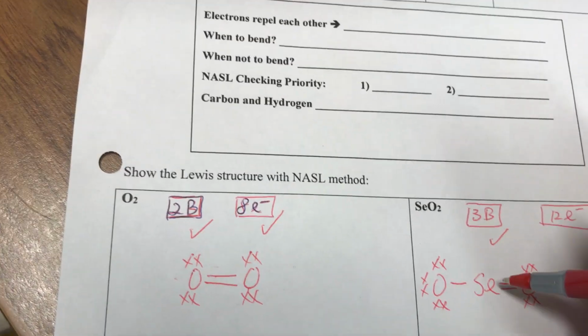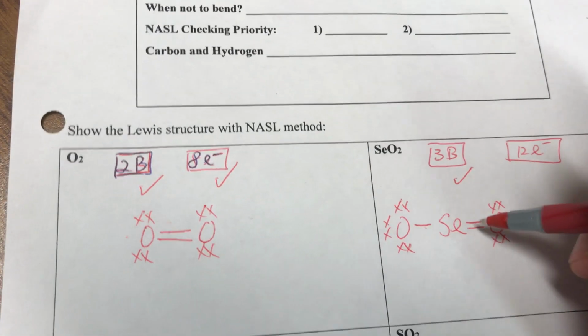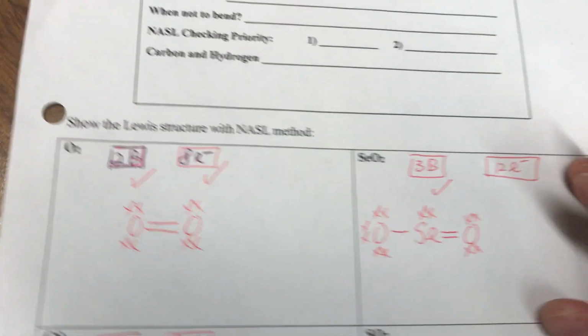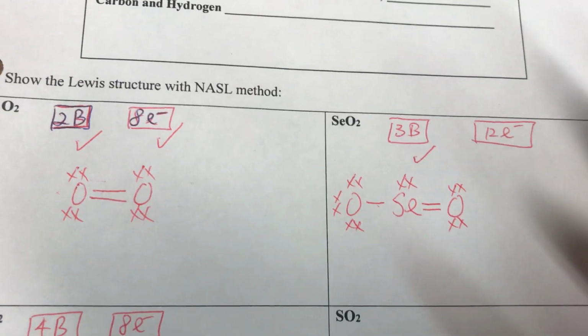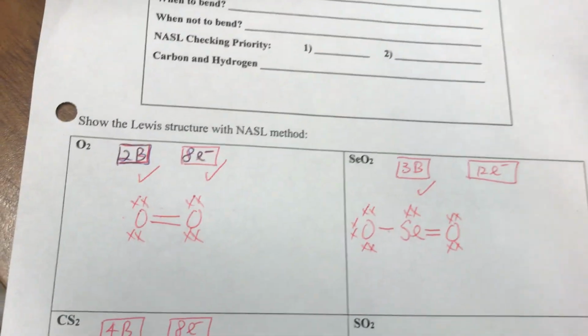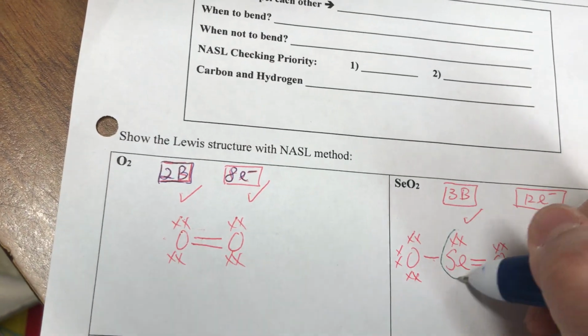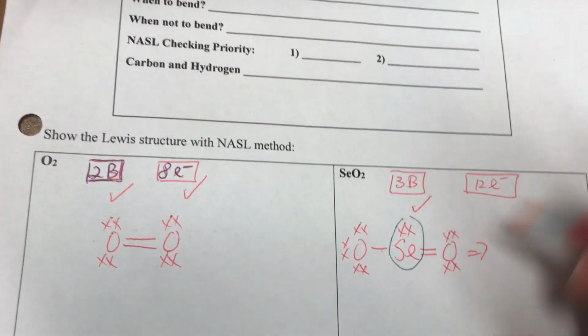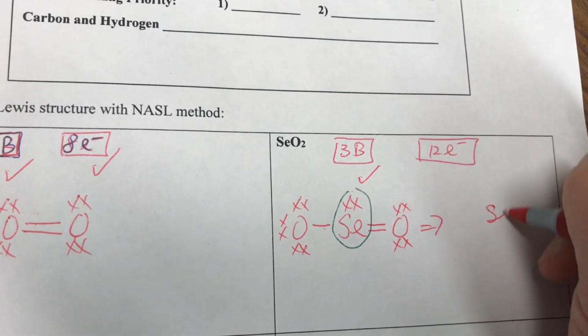Now I'm going to look at Se. For Se I only have 2, 4, 6, so you need 2 more, and those will be on here. Right, so this is only the rough draft because I have the central atom with the lone pair, I mean the leftover, then we have to bend. So if I bend, it will be like this.